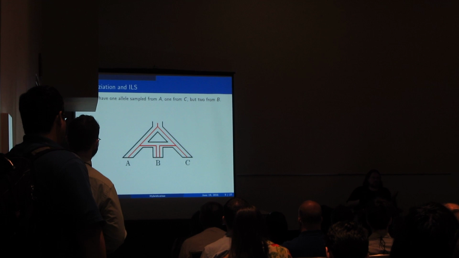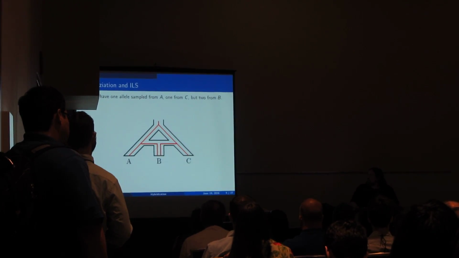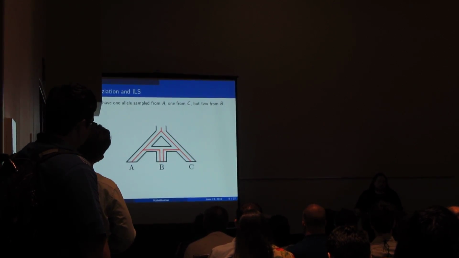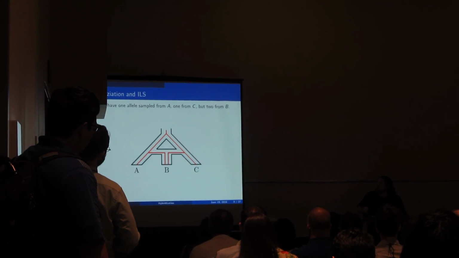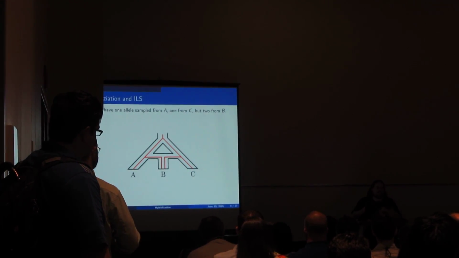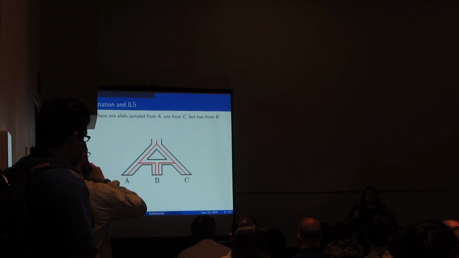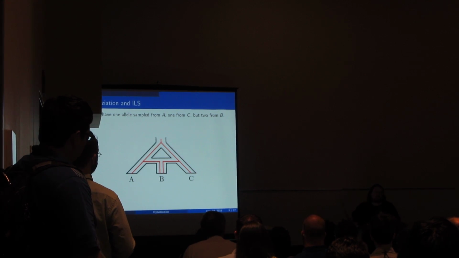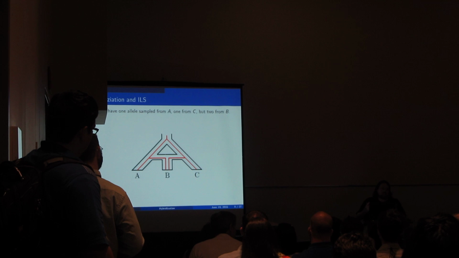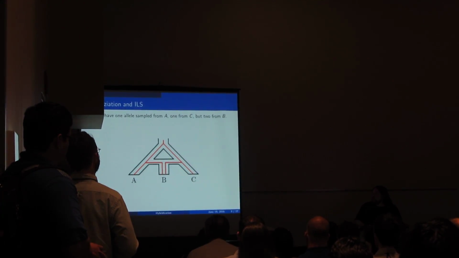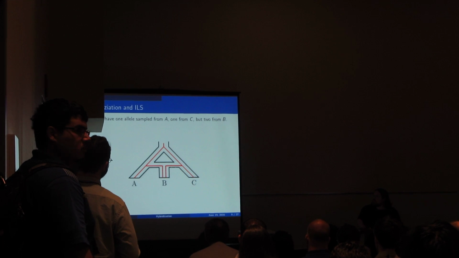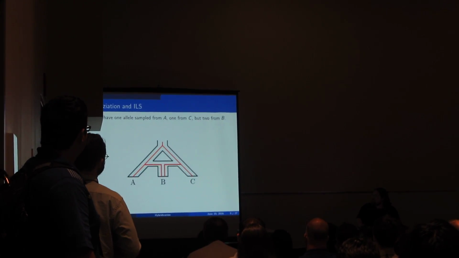They can either go to the left or to the right, and they don't have to both do the same thing. So one of them might go to the left and one of them might go to the right. And so the idea that a gene tree can be represented as coming from one of the parental species trees kind of breaks down. And in this situation, you really need to think about the species tree as existing within the network and not really within a particular tree unless we do something else.